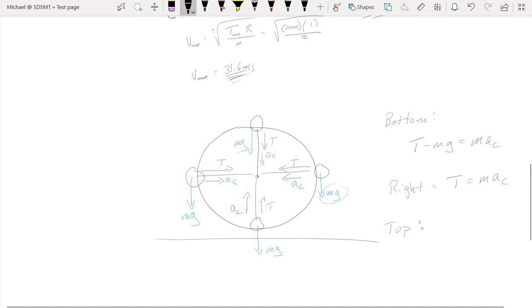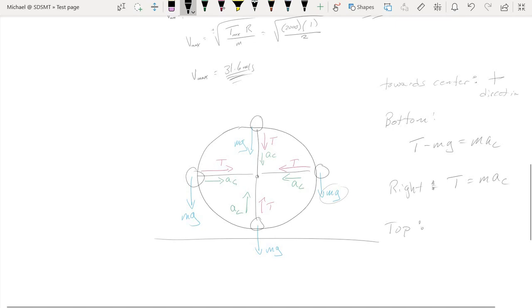At the top of the swing, we have everything pointing down. And for each one of these expressions, I'm assuming towards the center of the circle to be the positive direction.